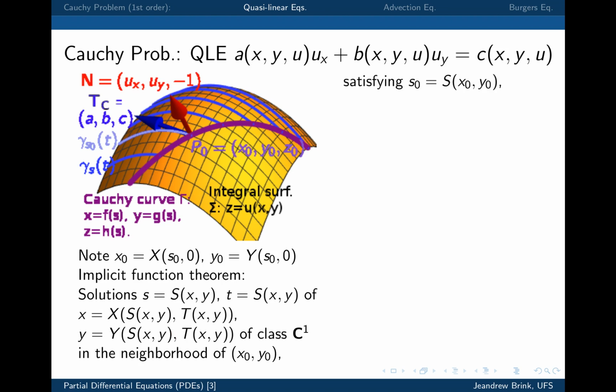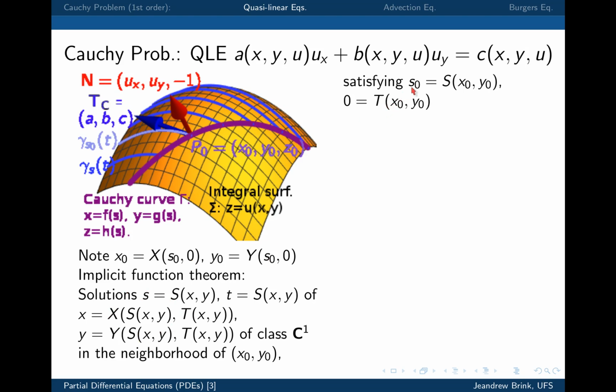And what we have now is that at s0, so at that point, and in the neighborhood of x0, y0, we want to use this implicit function theorem basically to write down the conditions that the solution exists. And what we have is that we can now find out what the parameters actually are.